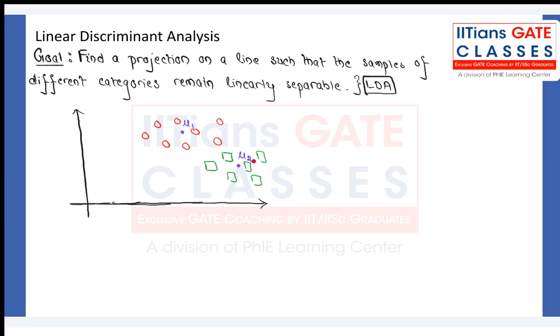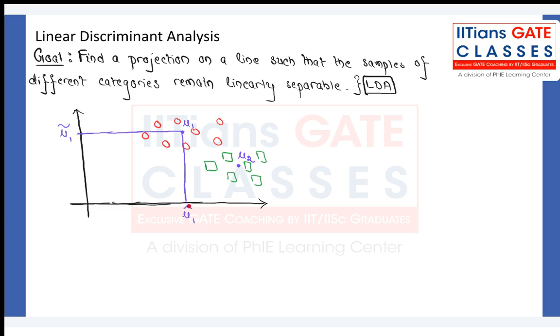So what I can do is project the means on the x and y axes. Let's say this is mu1 tilde, and I can project this on the x-axis and I call it mu1 cap.